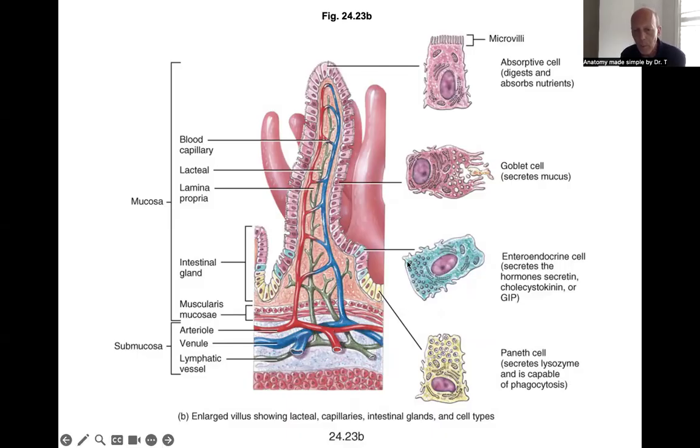Then those turquoise blue colored enteroendocrine cells, obviously entero- gut and endocrine cells inside the lumen of the gut, secreting hormones such as secretin, cholecystokinin, or GIP, gastric inhibitory peptide. And finally, at the lowest part of the screen, you have some yellow colored cells that are called the Paneth cells. They secrete lysozyme, which is bactericidal, and these cells are also capable of phagocytosis.